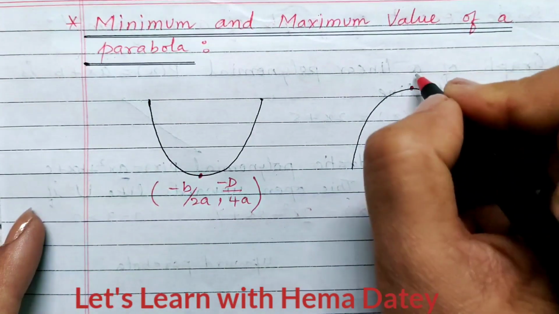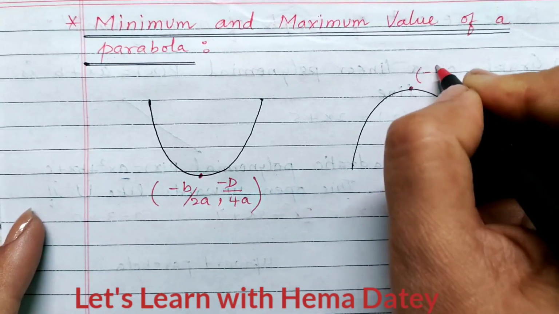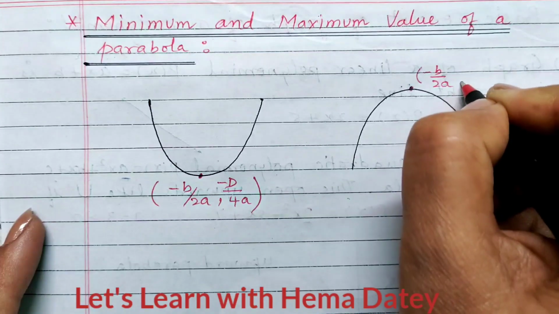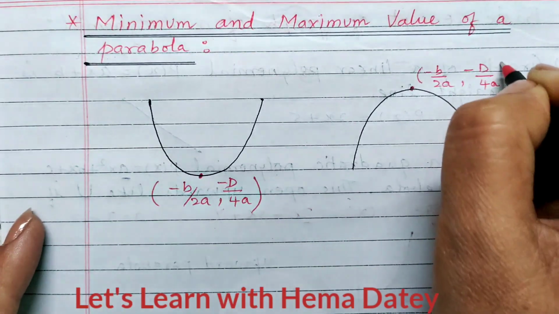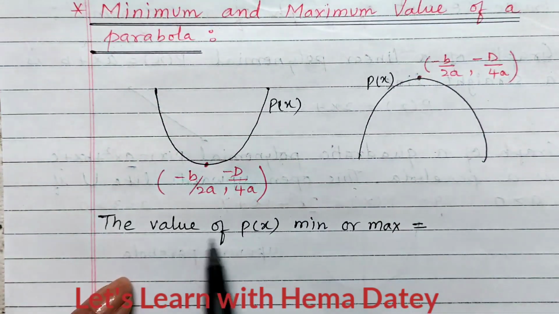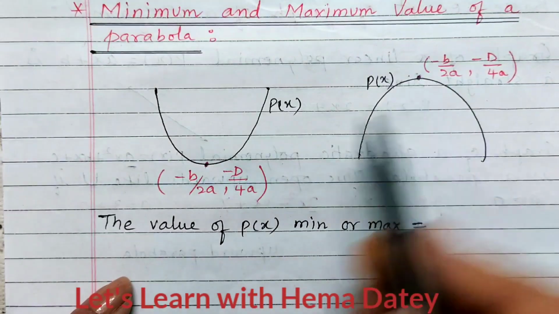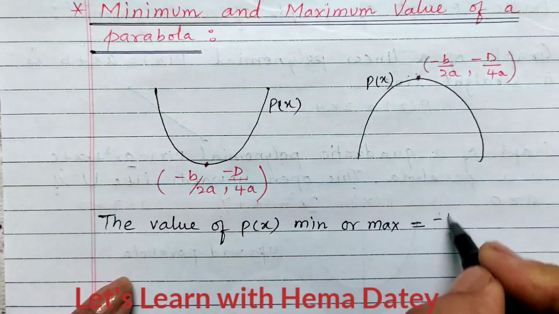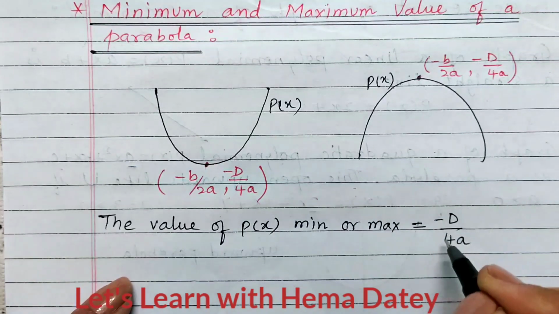Similarly, this parabola is opening downwards and this point is the maximum value of the parabola. The x coordinate we write is minus b by 2a and the y coordinate is minus D by 4a. The value of p(x) may be minimum or maximum, and this value we will get by minus D by 4a.